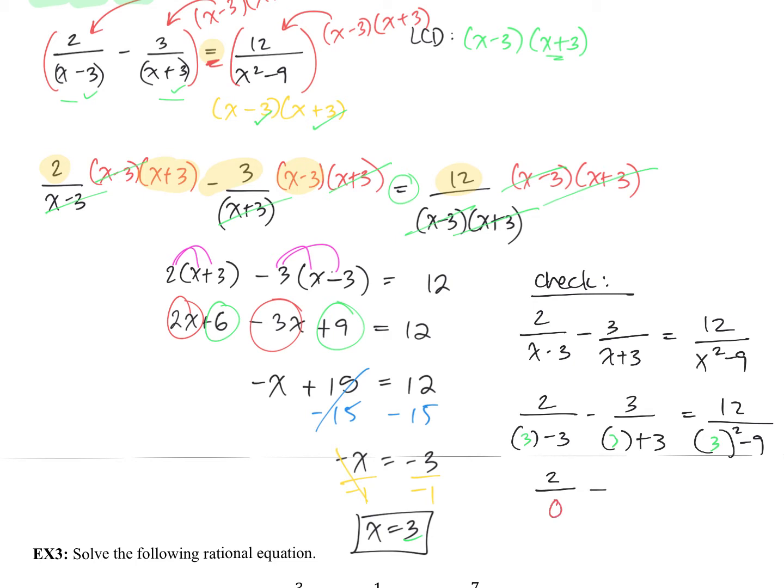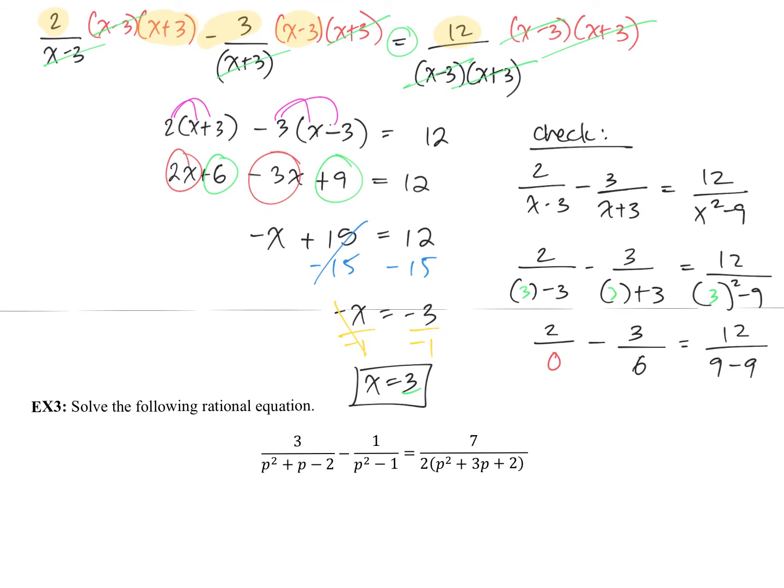Okay, already that first one we have a 0. Now this is 6. That's okay, but this one is also going to equal 0. If you have 0 on just one, even if the other ones are okay, it's still undefined because it makes one of the denominators 0. So because of that, no solution.